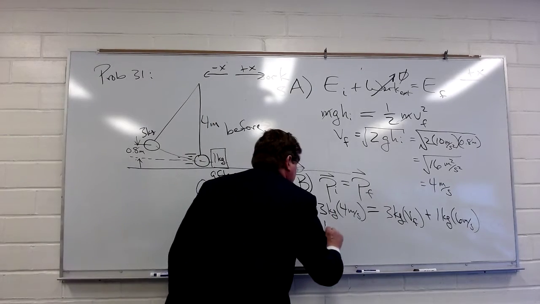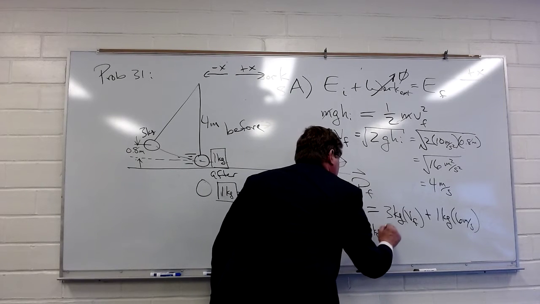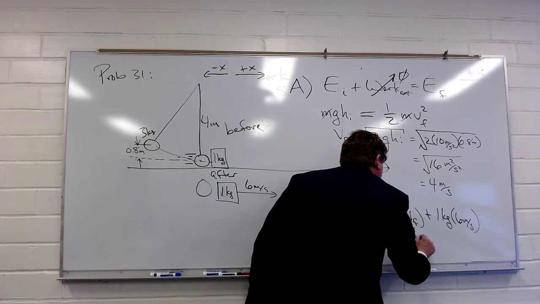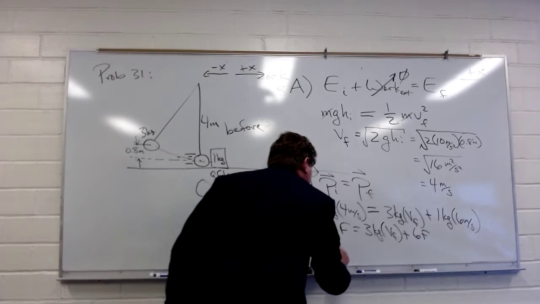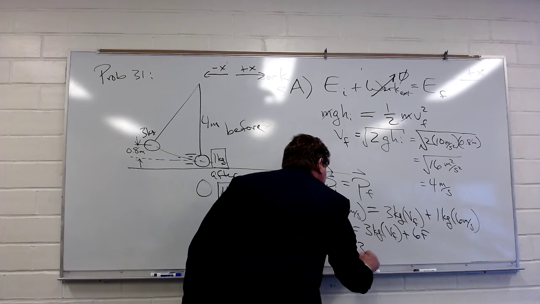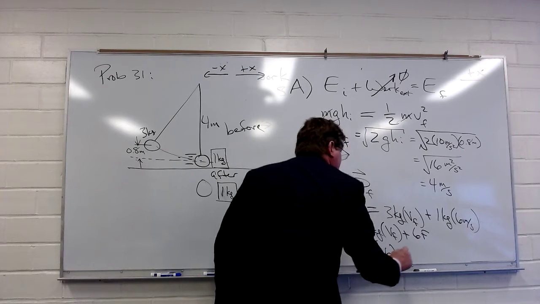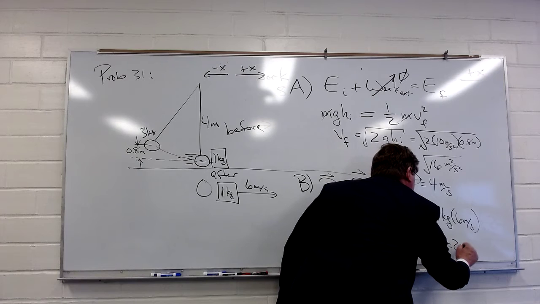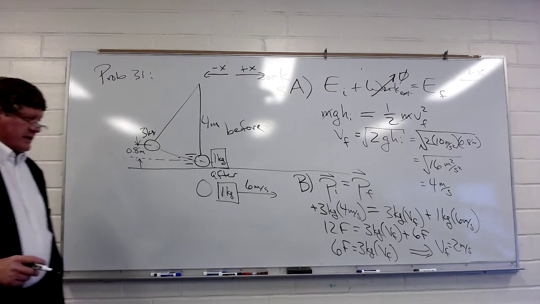So that means that a positive 12 is equal to 3 kilograms V final plus 6. So if I subtract 6 from both sides, I get 6 is equal to 3 kilograms V final. And that's going to give me an answer of V final is equal to 2 meters per second. Or I could say 2 meters per second to the right.